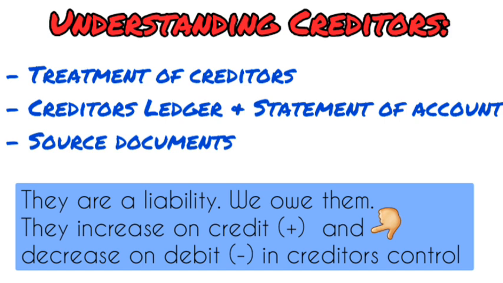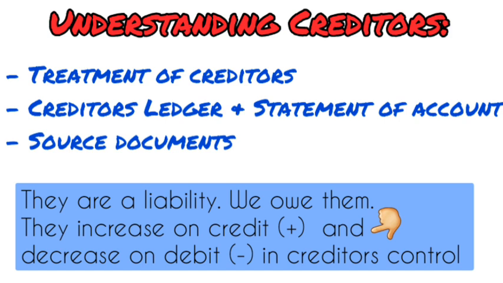And anytime we pay a creditor, it means that we are now reducing the risk that we are under. That's why that will go on the debit, and it will basically decrease, because that decrease shows what? It shows that our business is no longer under as much risk as it was before we paid whatever amount we would have paid.